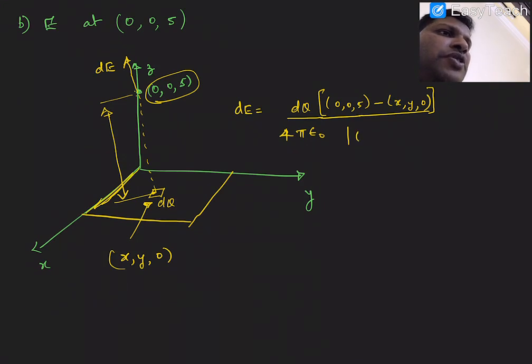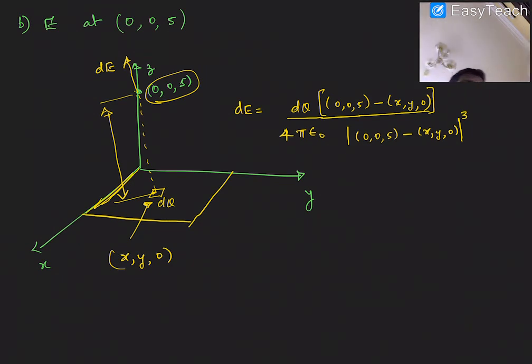What is the magnitude of this? 0, 0, 5 minus x comma y comma 0. So this is the magnitude whole power 3, okay, the magnitude whole power 3. First of all we will calculate the vector which is pointing in this direction.